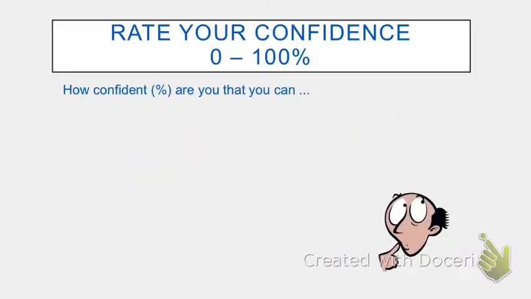So, how confident are you that you can guess Miss Morris's age within 10 years? What do you think? 90%. What do you think her age is between? If you know it, then don't say. 50 and 60. She said she was like 50. I would say 52. But let's think of a 10-year range. 45 to 55.